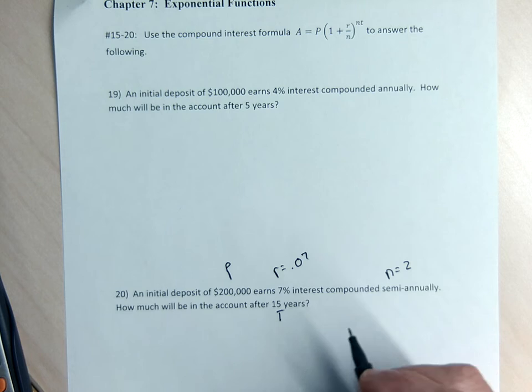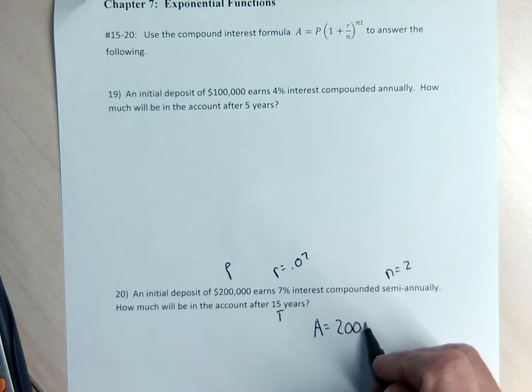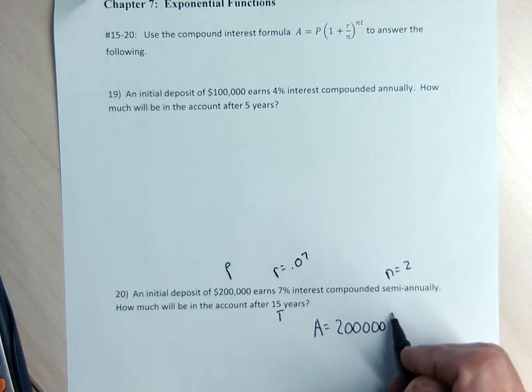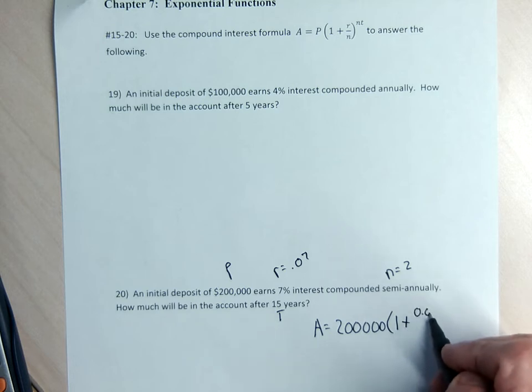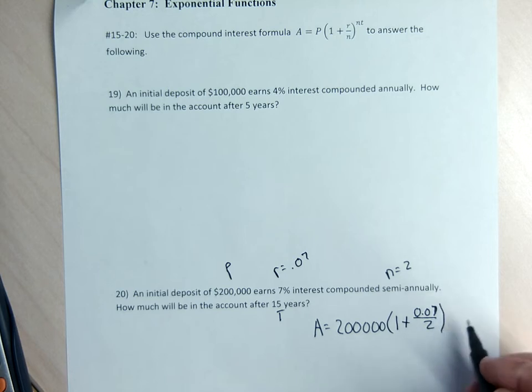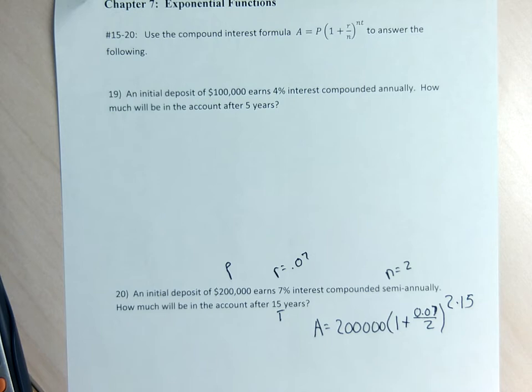For my problem 20, I'm going to say the future amount of money is the starting amount, which is $200,000, times 1 plus r, which is 0.07, over n, which is 2, to the n times t, which is 2 times 15 power, and I would just enter that on my calculator.